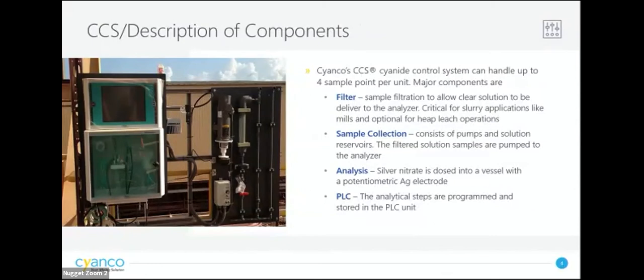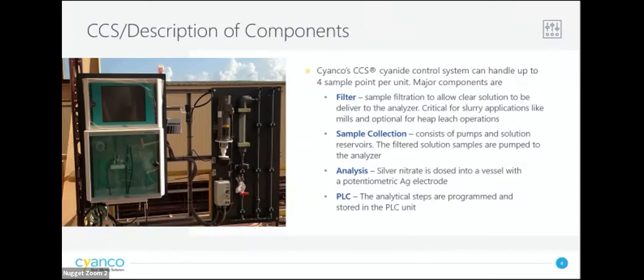This is a typical setup for a cyanide control system. This happened to be one of ours, but the components are almost the same for all the analyzers. You have a filtration system, and you have a sample collection to pump the solution to the analyzer.